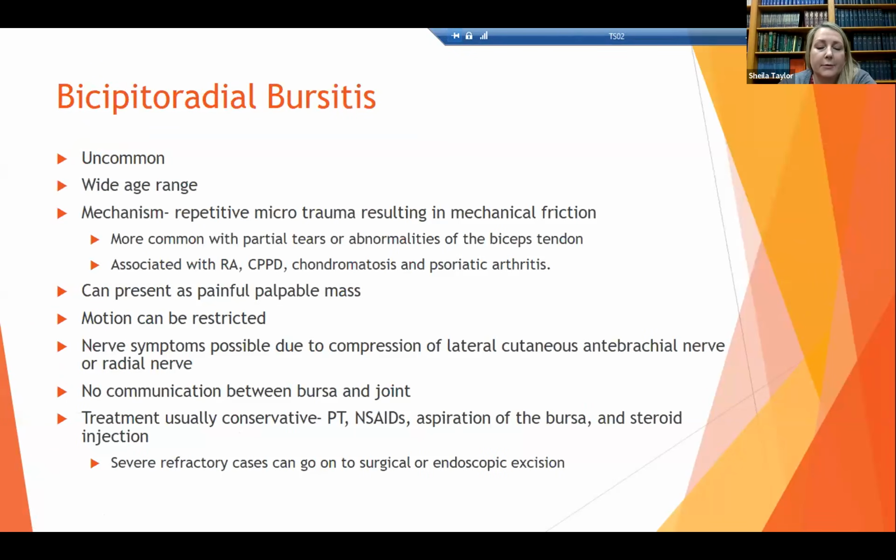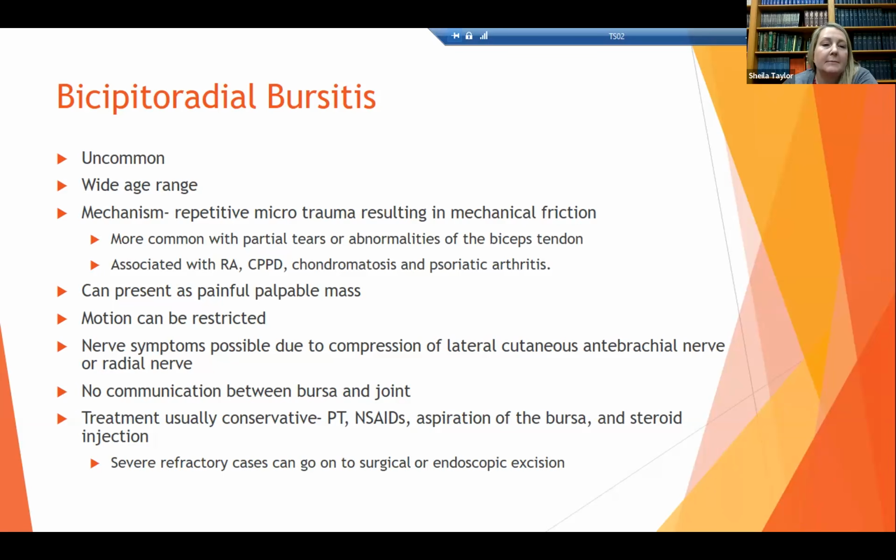So just some brief points about bicipitoradial bursitis. It is uncommon, and it does affect people in a wide age range depending on the mechanism and pathophysiology. Younger patients tend to be more associated with rheumatoid arthritis and calcium pyrophosphate deposition disease.